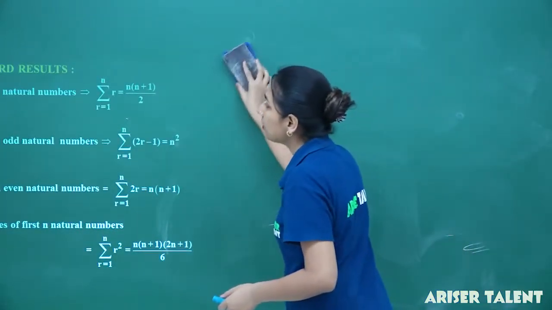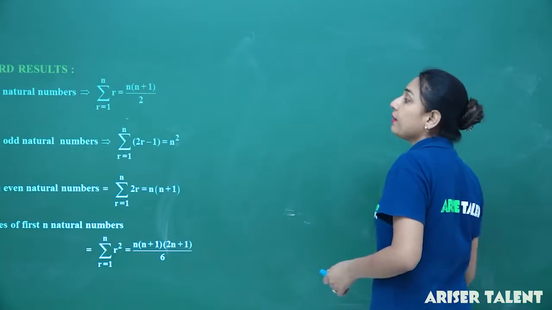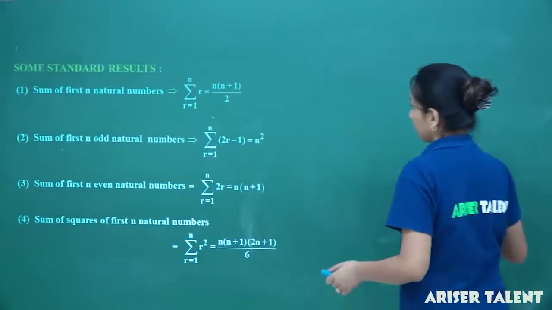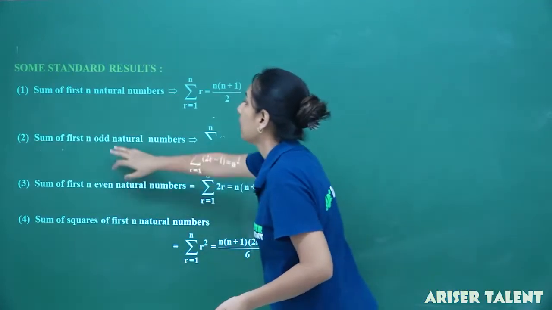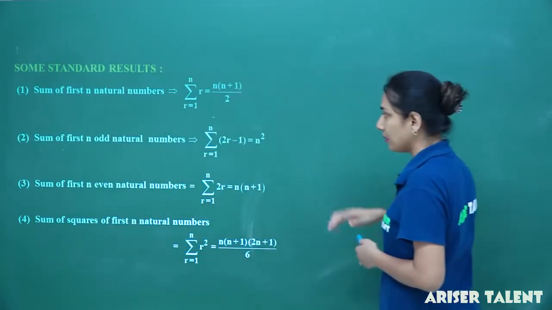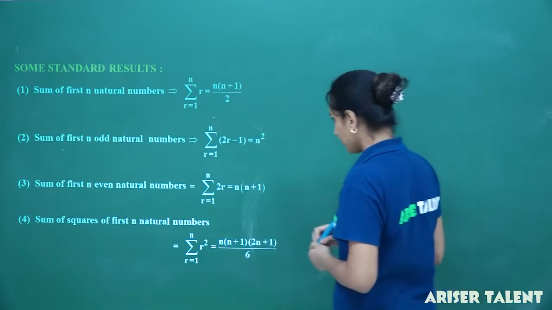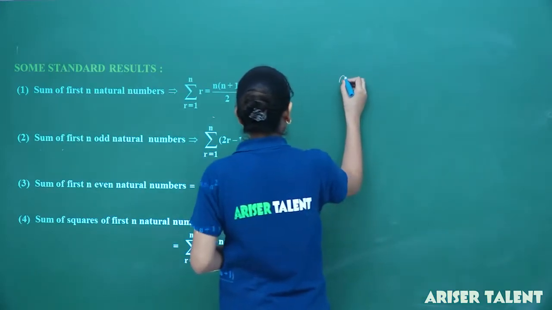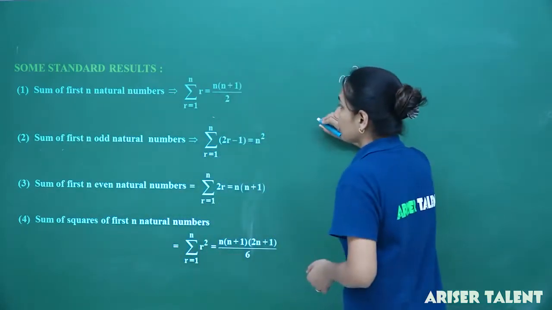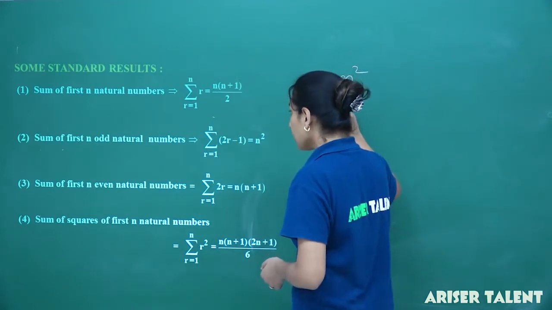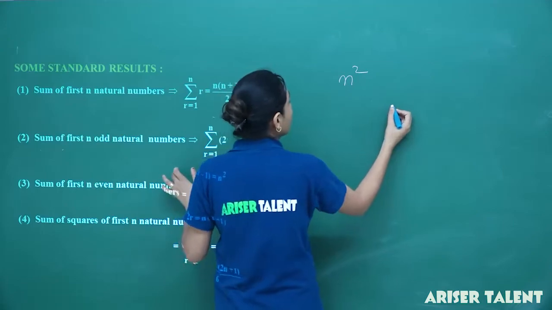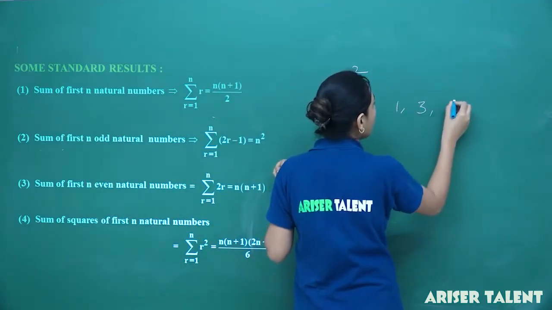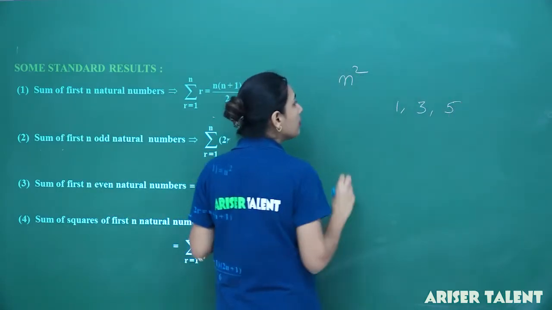Now the second one is the sum of the first n odd numbers. The sum of the first n odd natural numbers is what? n square, right? Now if you take the first odd numbers 1, 3, 5, you have 3 odd numbers.